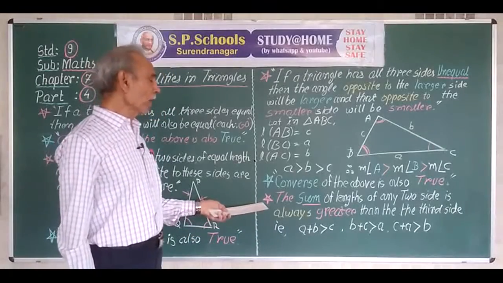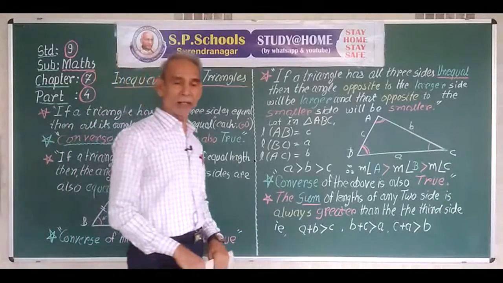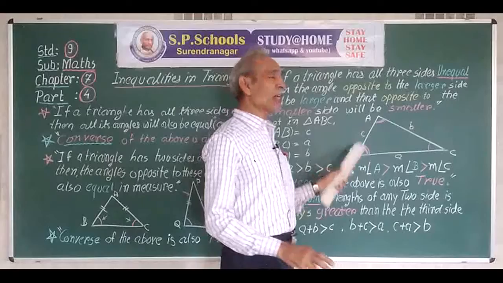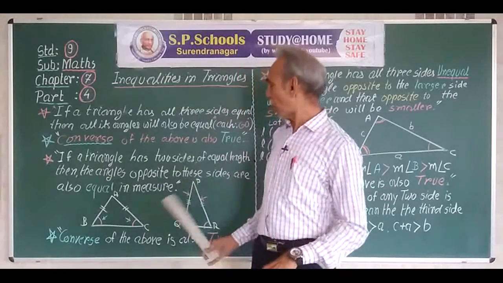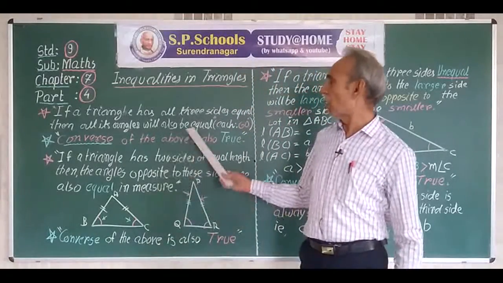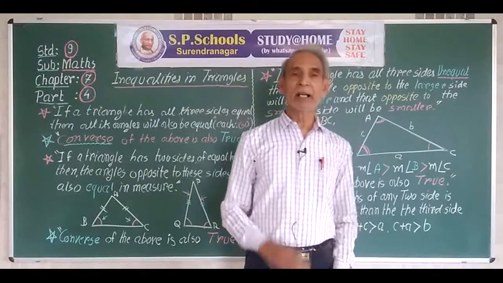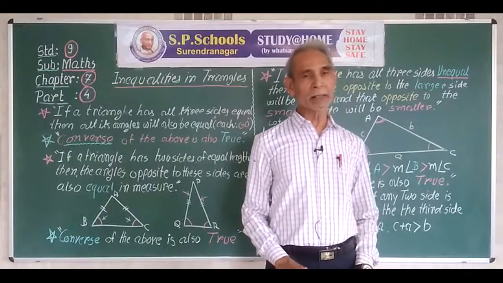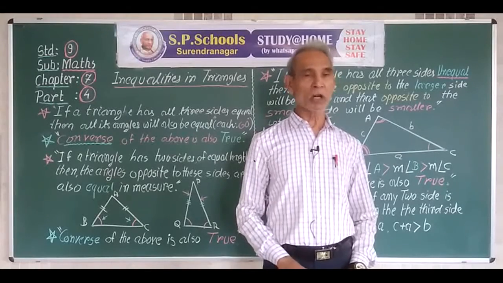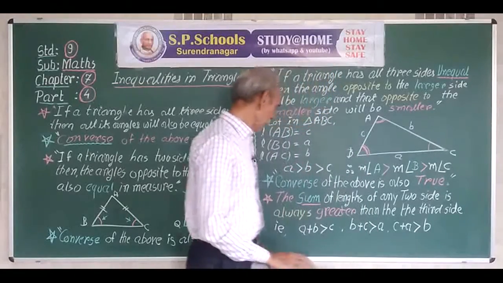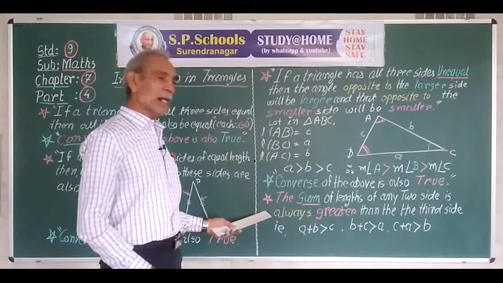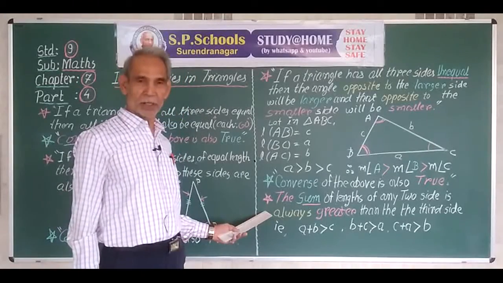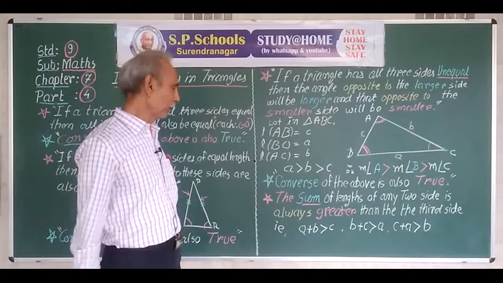Now, an important property of any triangle, whether it is a scalene, an isosceles or an equilateral triangle. Let there be any type of triangle, equilateral, isosceles or scalene. Here is an important property of any triangle.